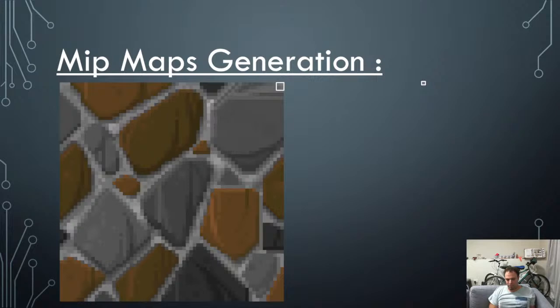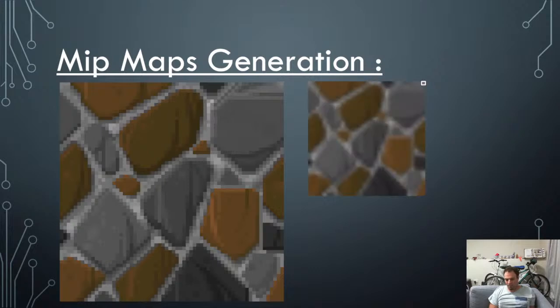we basically generate multiple versions of the same image at different resolutions. And we can do that offline or just in time, so it's like scale down with a filter.